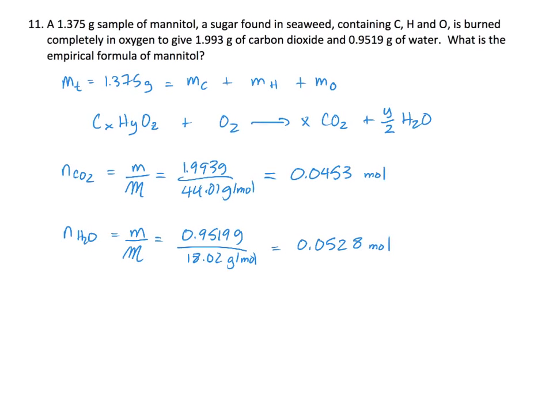All right, great. So the moles of carbon that must have been in our original compound and the moles of hydrogen we can get from these values we have now.